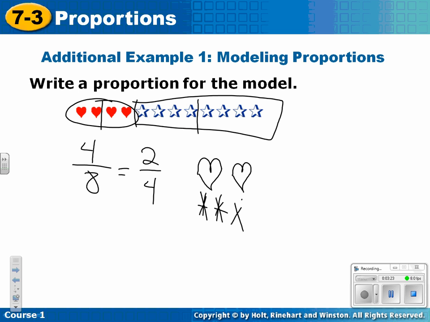I'm not very good at drawing stars, but that's okay. Equals, then you would do 4 hearts. And then you would draw 8 stars. If you drew it out, that's what it would look like. Okay?